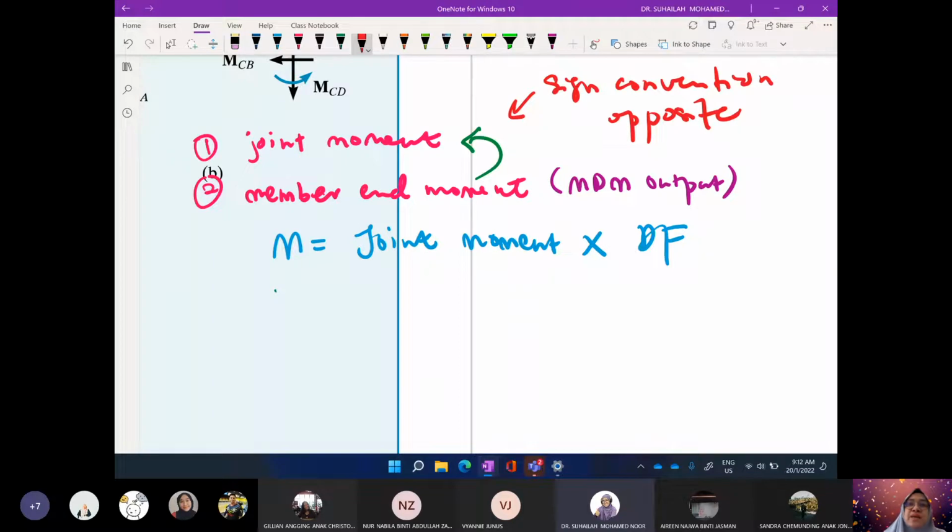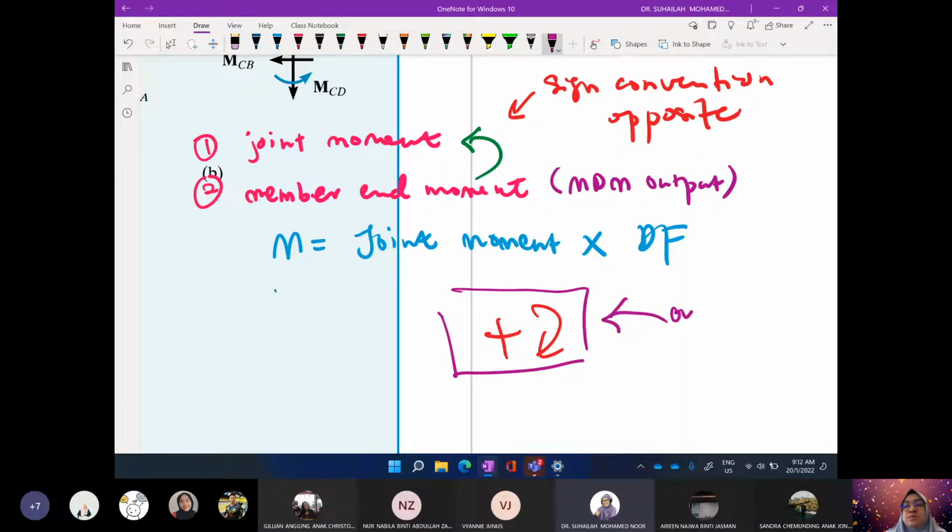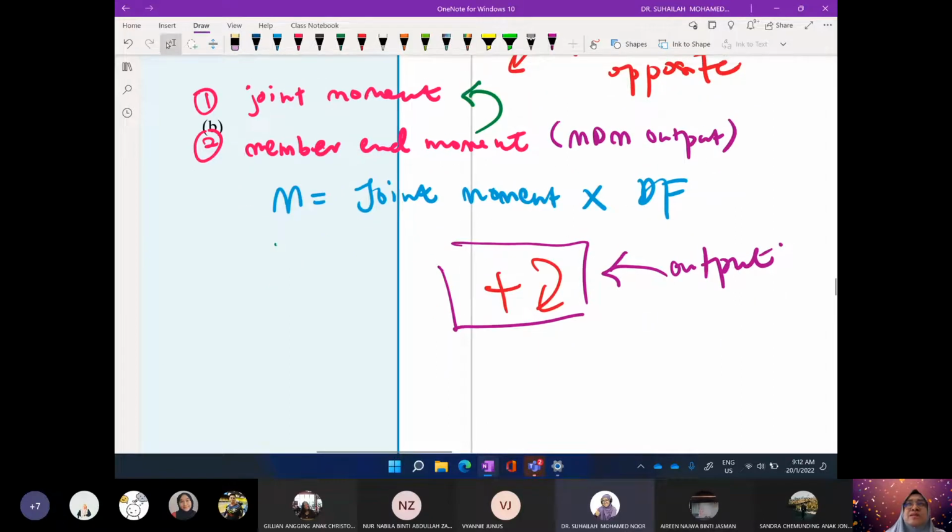The sign convention that we apply in this method actually refers to the member end moment, so clockwise moment is positive. We apply this for the output.